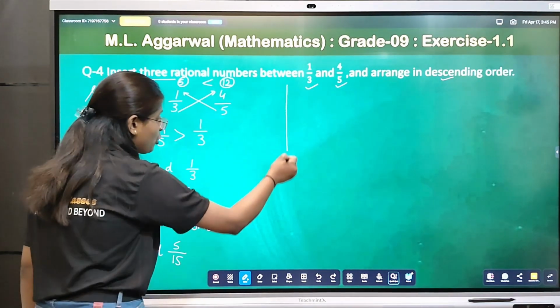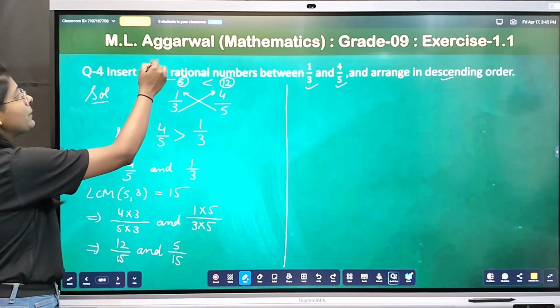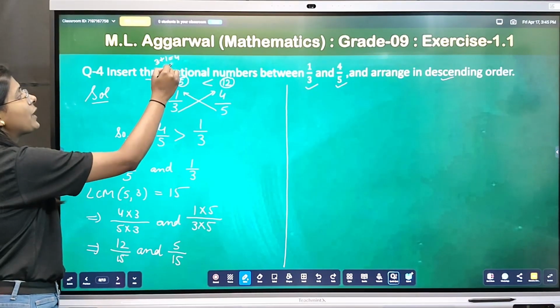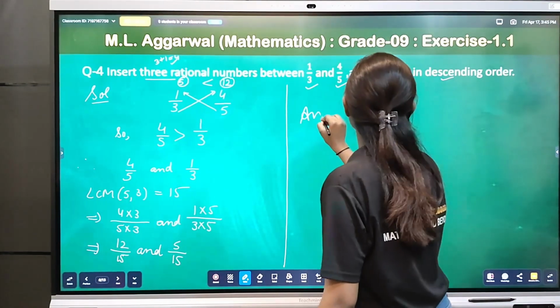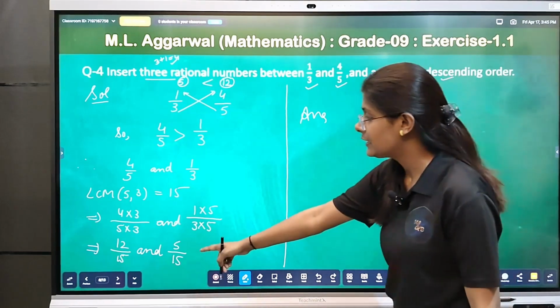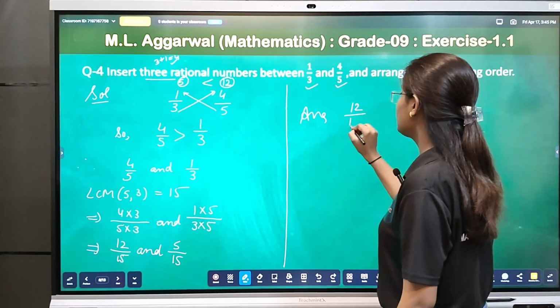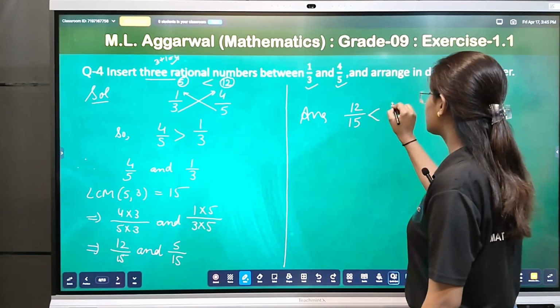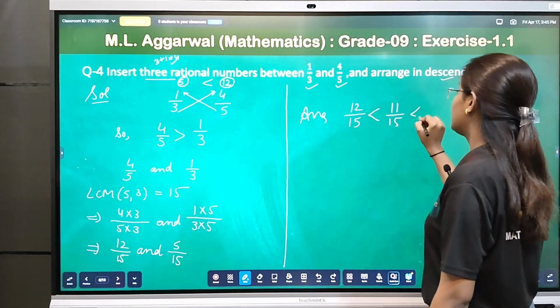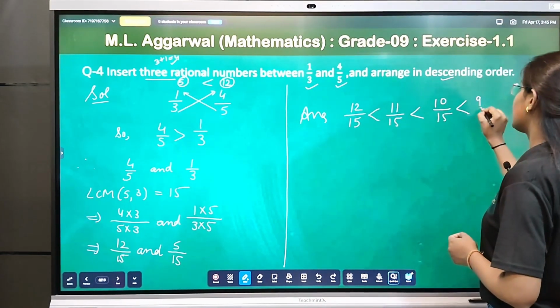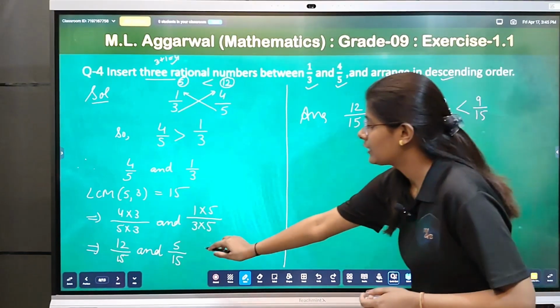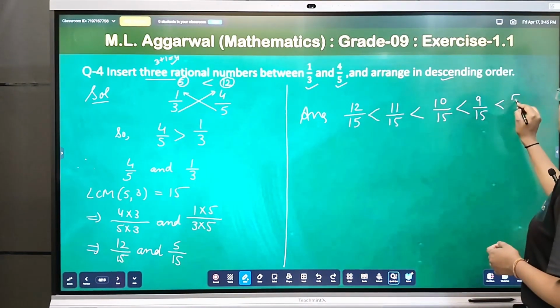So we are actually not going to multiply by 3 plus 1, 4. There is no requirement of it. Okay? So we'll simply write our answer, which is to be in descending order. The highest number is 12 upon 15, and then it's 11 upon 15. Then it is 10 upon 15, 9 upon 15, and we will take the last boundary number, that is 5 upon 15.